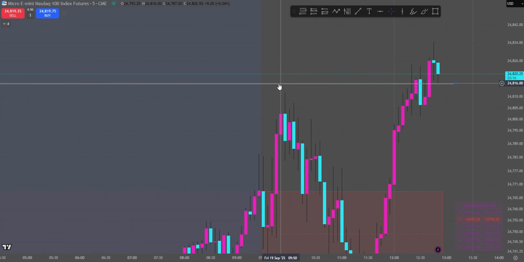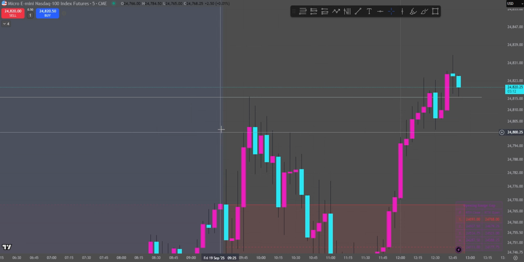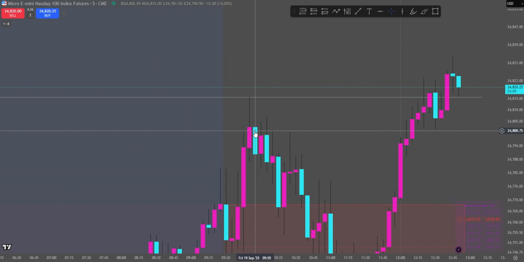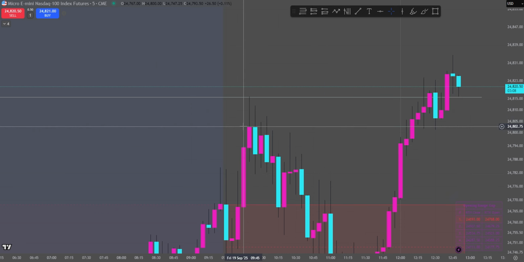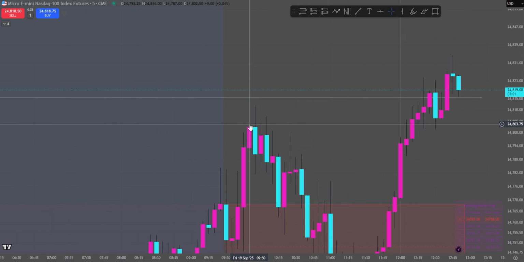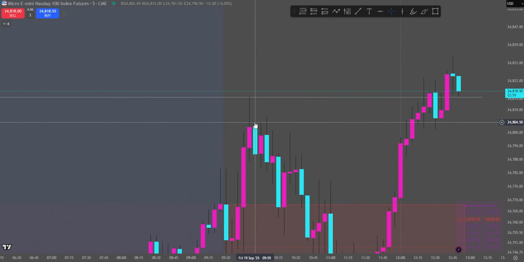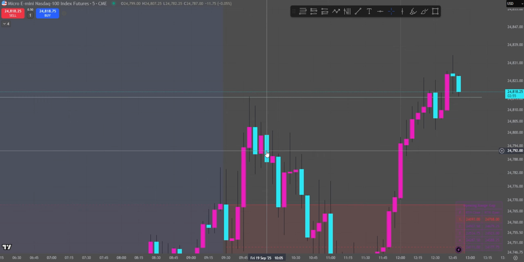The most important thing is this 9:55 candle here. We have traded up past the close of this 9:50 candle, which has swept liquidity, and then price has come back down to close here.